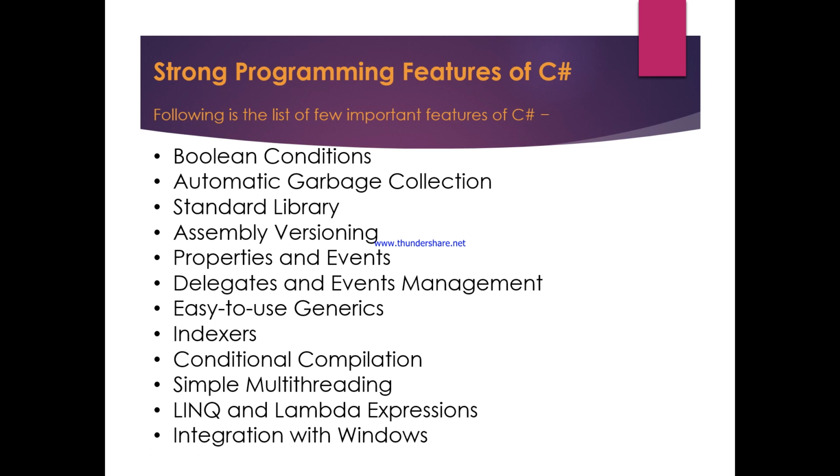In C sharp .NET, assembly versioning is available, so we may write programs in assembly form also. Like the C sharp .NET, it supports object-oriented methodology and technology. That's why properties, events, objects, classes, and all the basics are well implemented with this C sharp .NET.